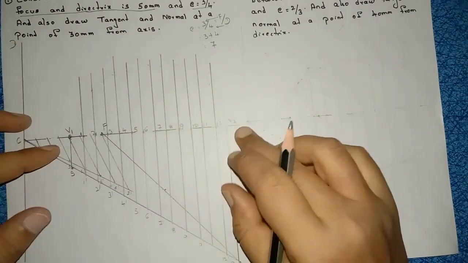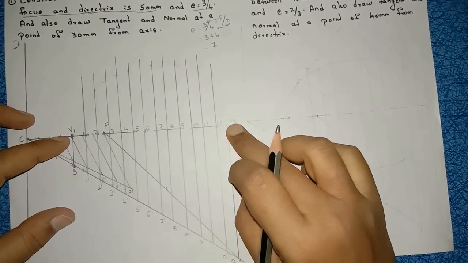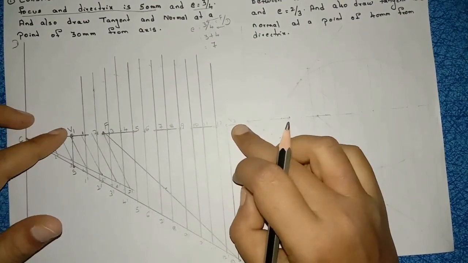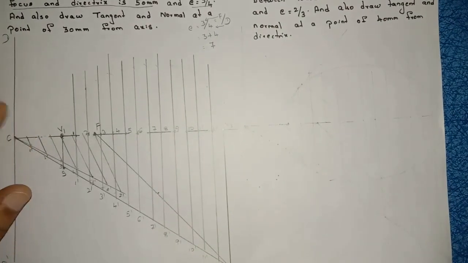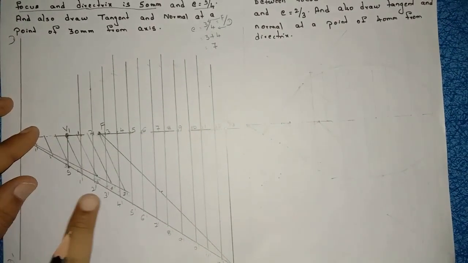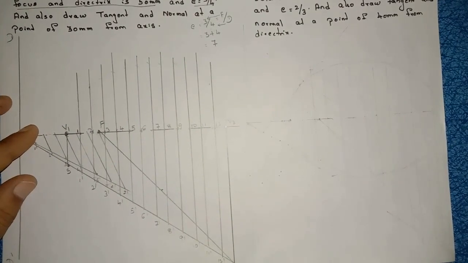I got 10.5 distance, so I divided this 10.5 into 12 equal parts. So 10.5 by 12. See how I am giving the numberings.